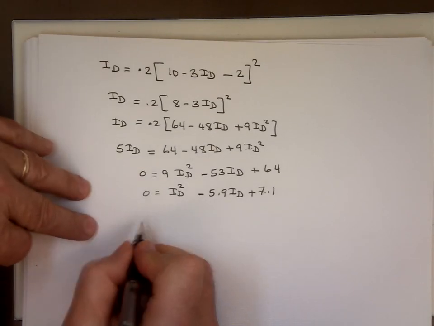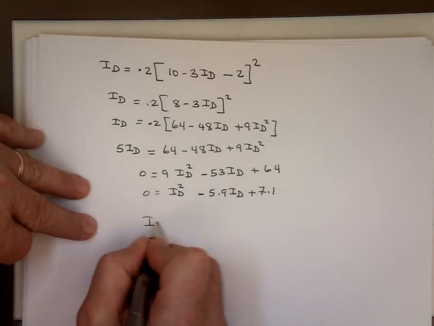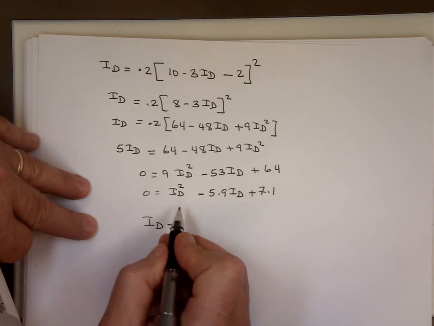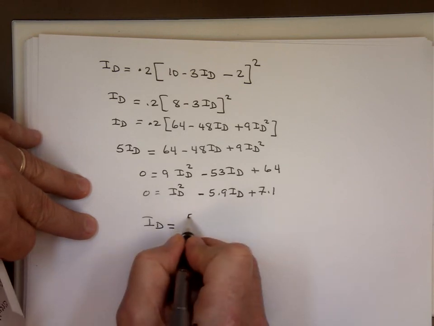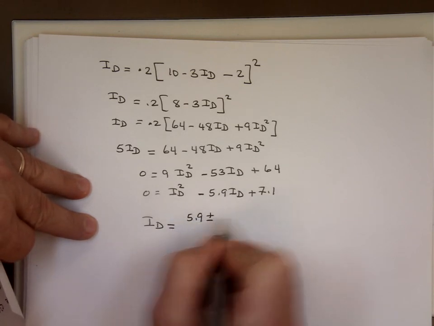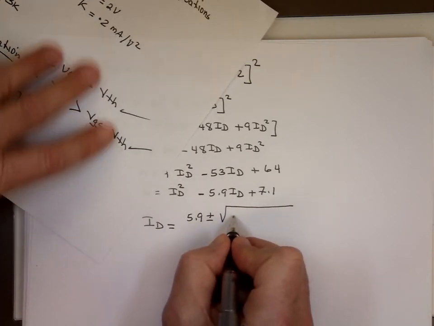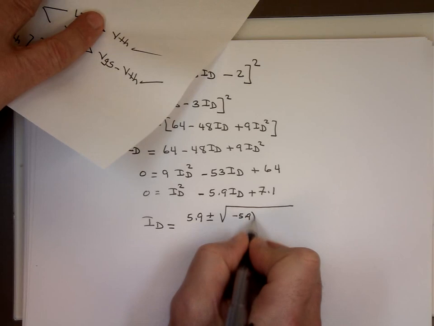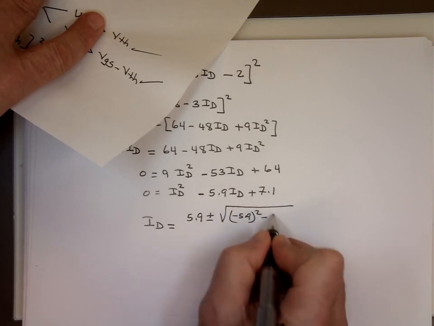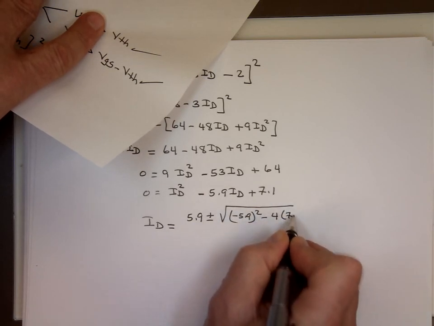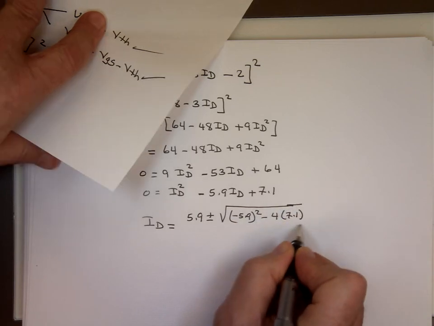Can we solve for I sub D? 5.9 plus or minus the square root of negative 5.9 squared minus 4ac, divided by 2.